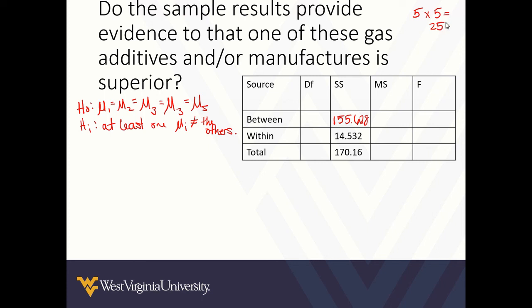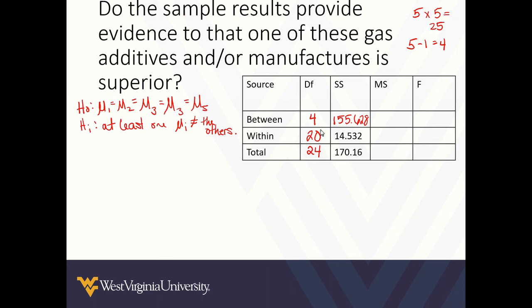I can easily subtract 1 to get my degrees of freedom total of 24. In similar fashion, I know that my degrees of freedom for between are my number of populations minus 1. I had 5 treatments minus 1 equals 4. So I can subtract 24 minus 4 to get degrees of freedom within to be 20.